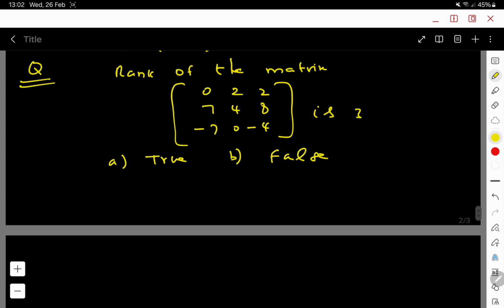Okay, I am taking the matrix as A: 0 2 2, 7 4 8. Note that in the first row, 0 is in the position of A11. But to form an echelon matrix, all leading entries must be non-zero. Here 0 is not a valid leading entry, so we have to change the row.